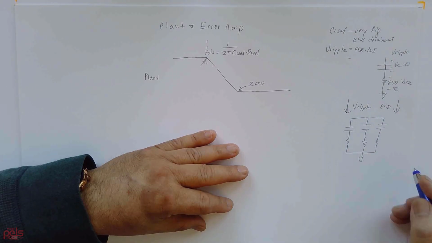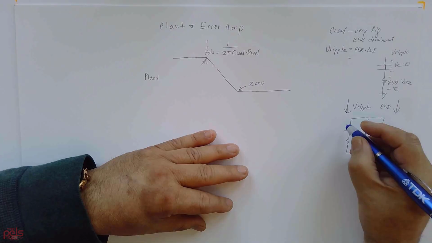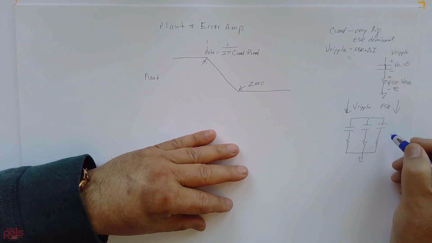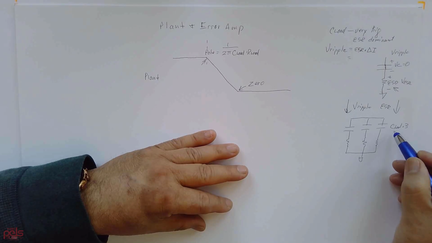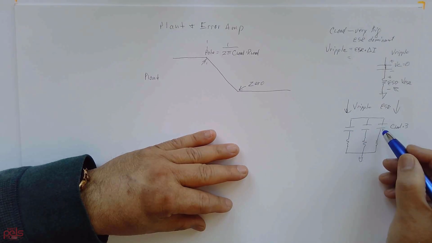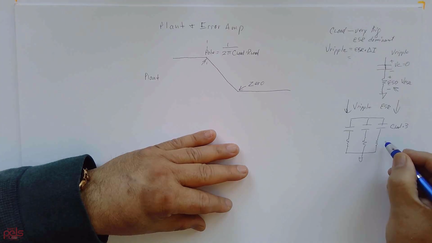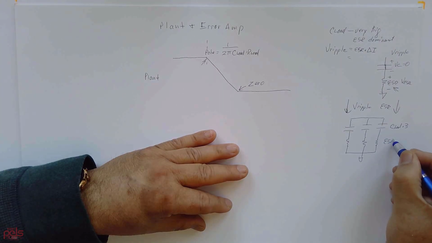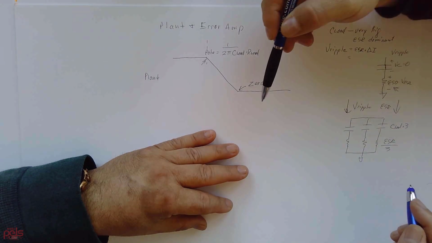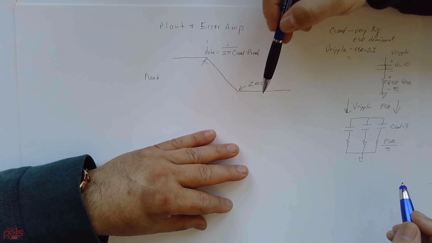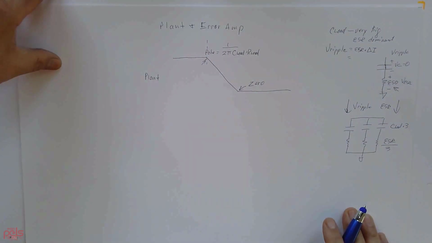In this case, let's assume they're all the same. The capacitance CL would be 3 times, since we have 3. If they're 100, you have 300. But the ESR divides by 3, so you minimize that resistor. And what that does too is that it pulls the zero out this way.